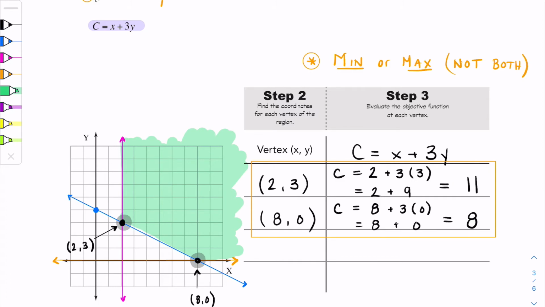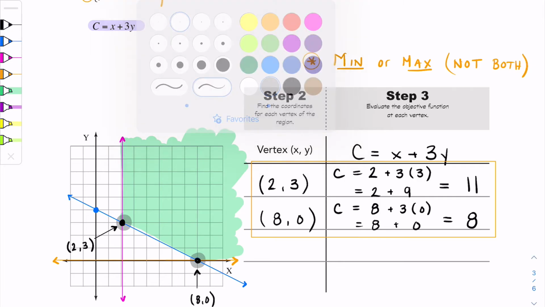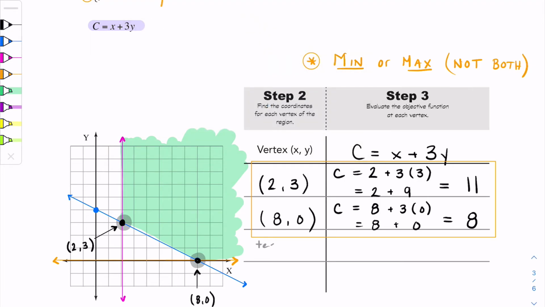We have no way of knowing at this point. So what we do is we pick at least one test point. I usually do 2, just so I can be sure that I picked the right answer. And for a test point, you pick any point in the shaded region. I like to pick points kind of close, in line to the vertices, but obviously not right next to them.